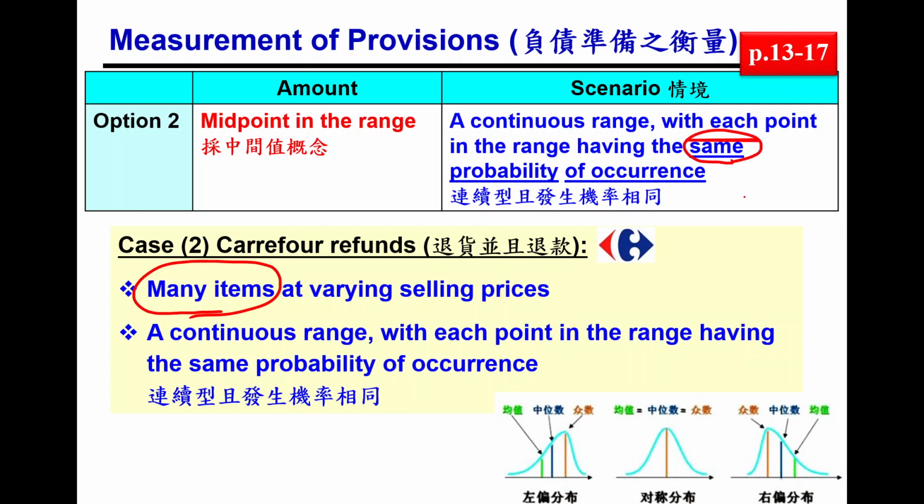Return the product or not, across the different kinds of items. For this kind of situation, we want to get the best estimate. It should be the median, right? The median is the best estimate.